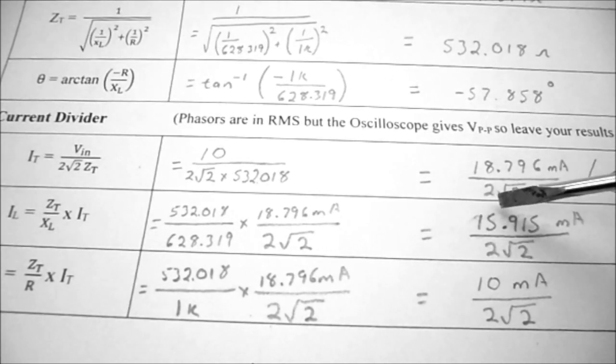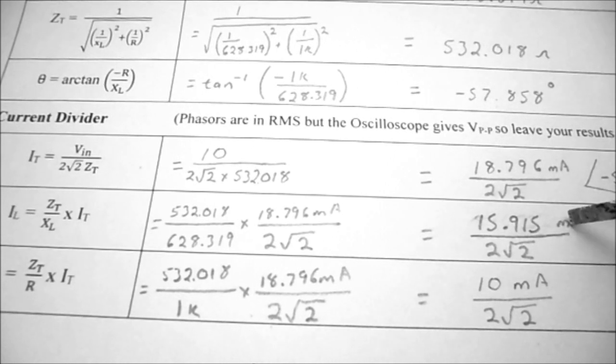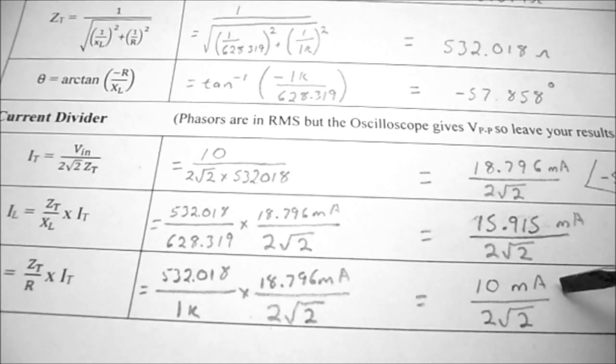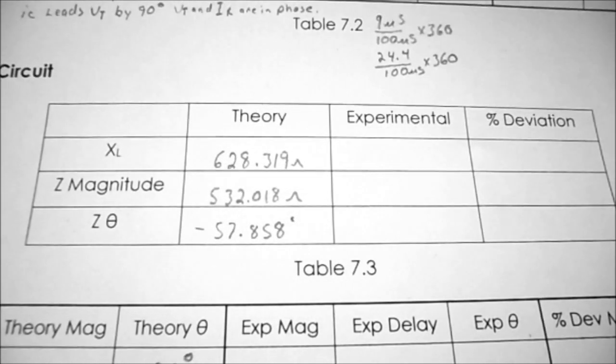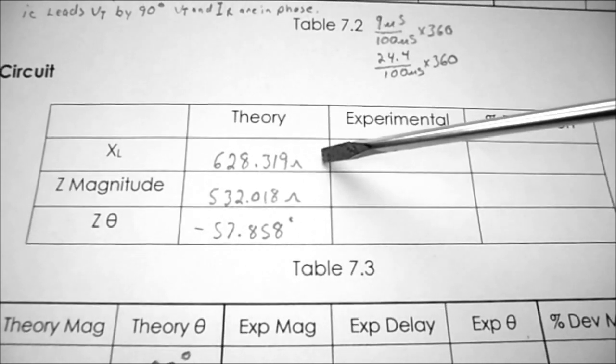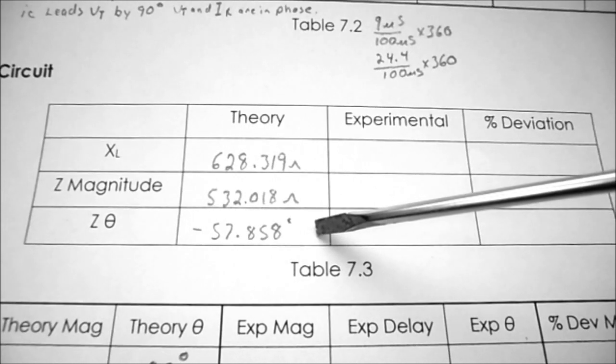So IL worked out to 15.915 milliamps peak to peak, and IR is going to be 10 milliamps peak to peak. So I've filled in table 7.3 with my XL theory, my Z magnitude theory, and my phase angle theory.